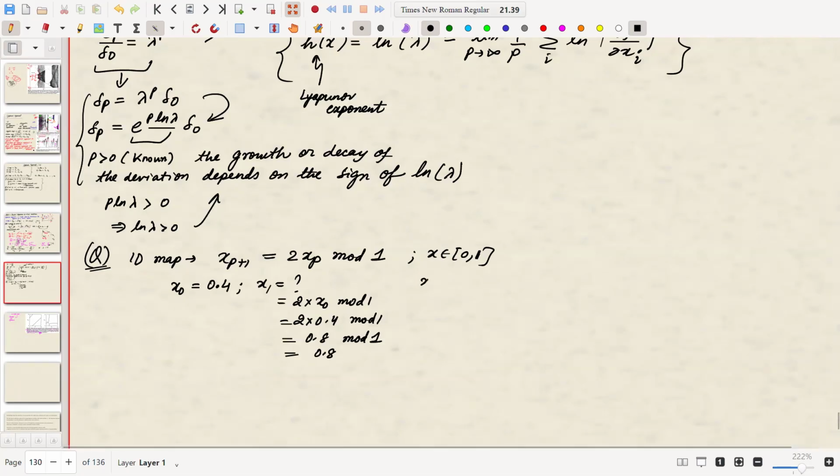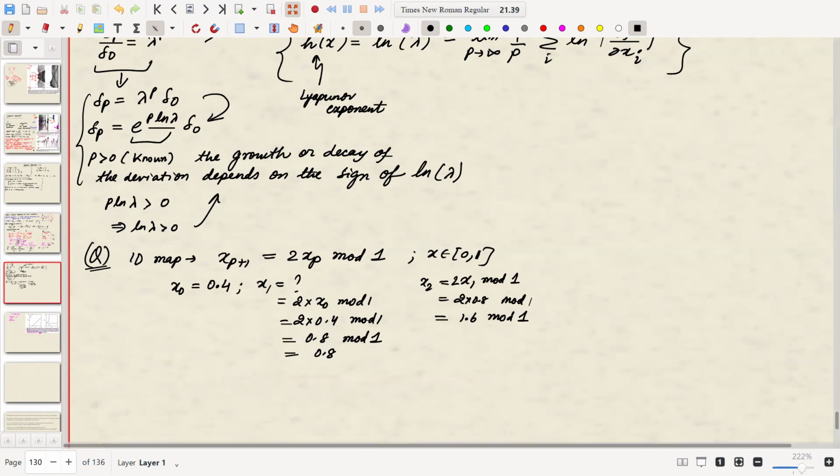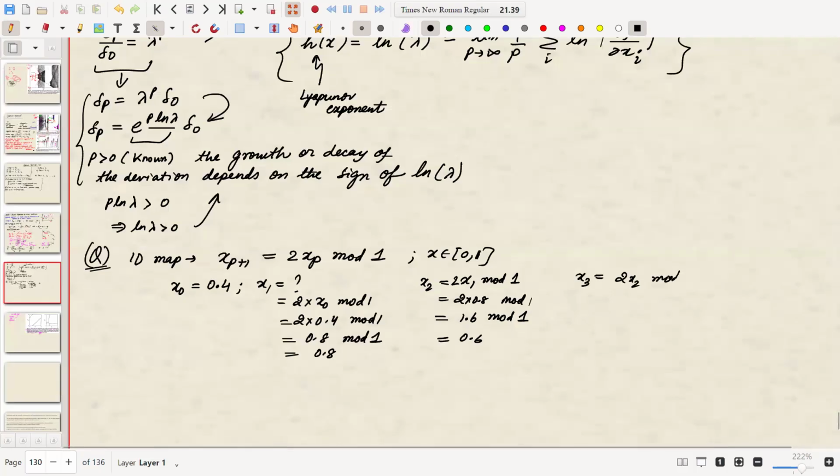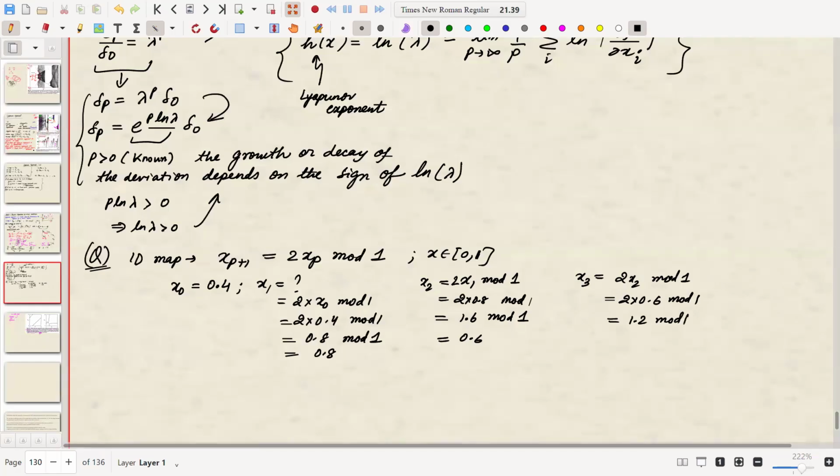So what should x2 be? x2 should be 2x1 mod 1, right? So that is 2 into 0.8 mod 1, which is 1.6 mod 1. Since it is greater than 1, remove the 1 part. That is just 0.6. Got it? What should x3 be? 2x2 mod 1, so 2 into 0.6 mod 1, which is 1.2 mod 1, giving 0.2.